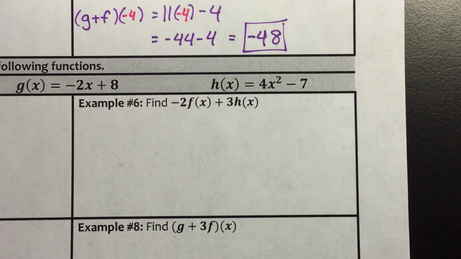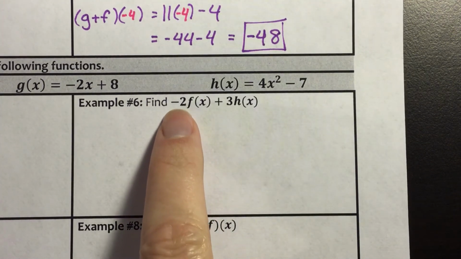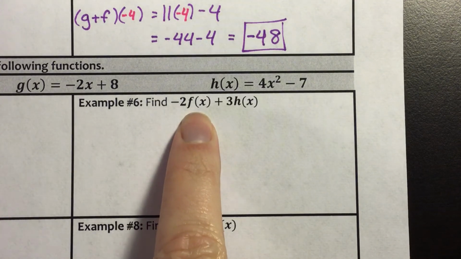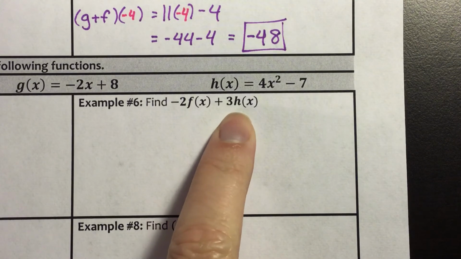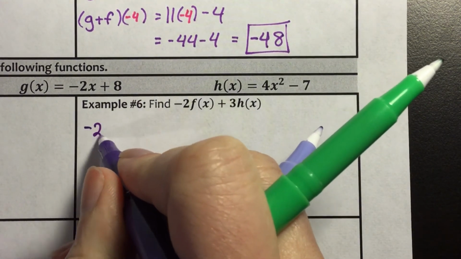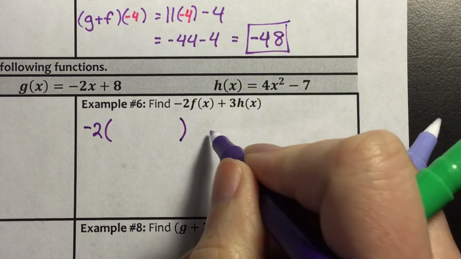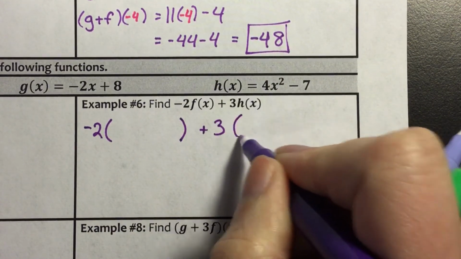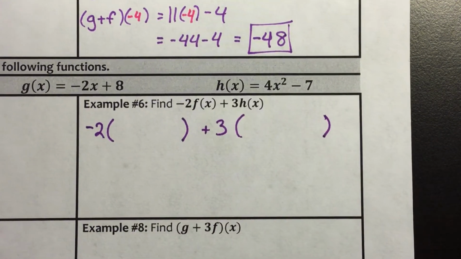Okay, fine. What we're going to do instead is take negative 2 times that f of x function, so we'll end up distributing, plus 3 times the h of x function. So we have negative 2 times f of x plus 3 times h of x.